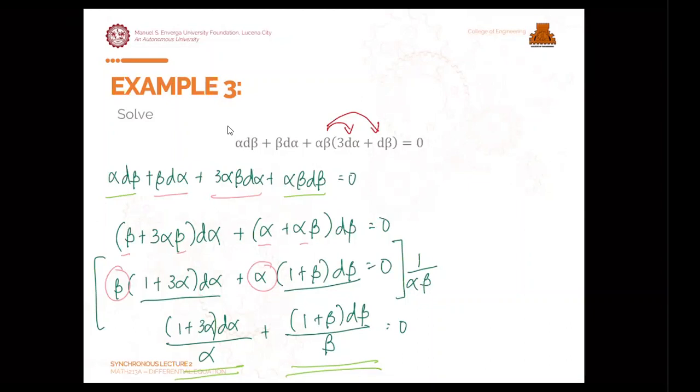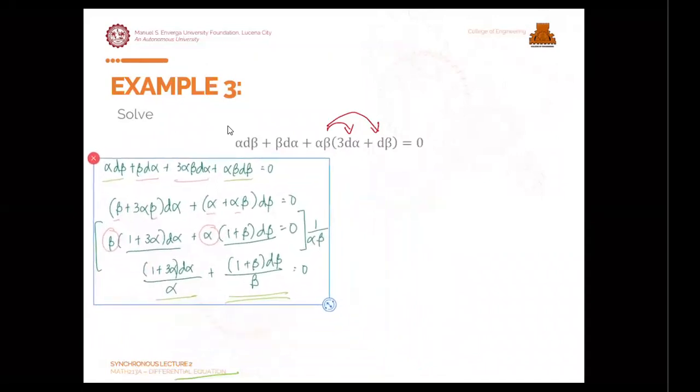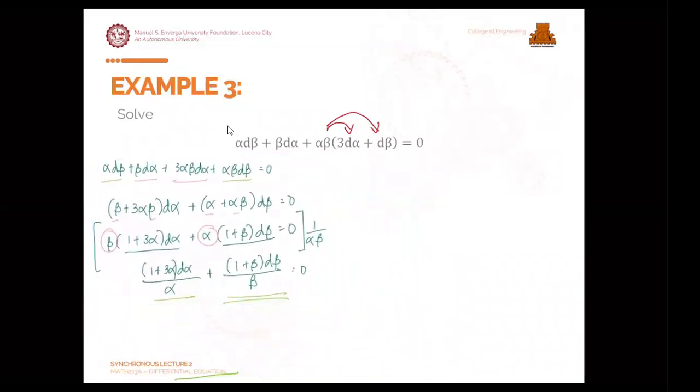So, pag simplify, pwedeng term by term. So, yung gagawin natin, i-distribute lang natin yung d alpha tsaka yung d beta.